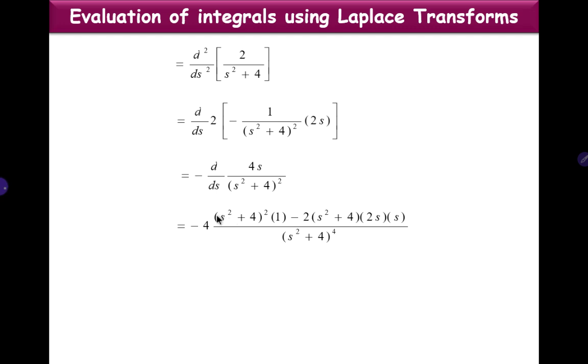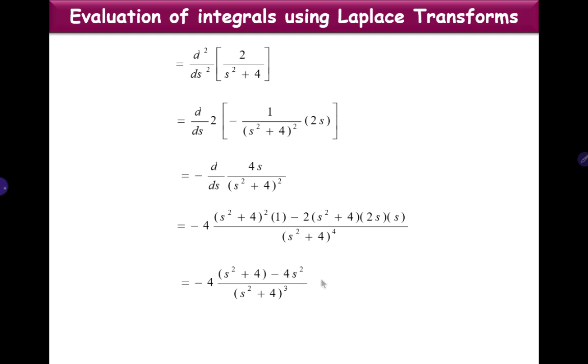Now you can see that s square plus 4 is common in the numerator, so we can take one s square plus 4 common and cancel it with the s square plus 4 in the denominator. Then we get minus 4 times, because one s square plus 4 is cancelled, we remain with s square plus 4 minus 2 into 2s into s, that is minus 4s square.